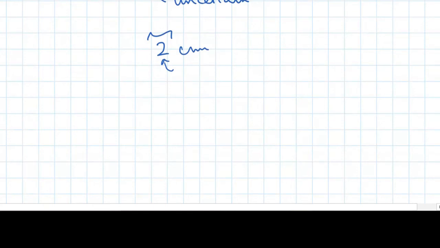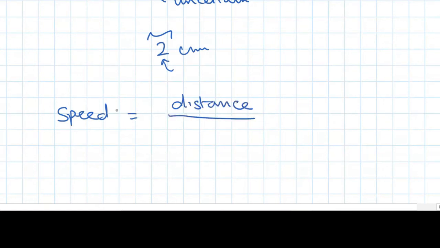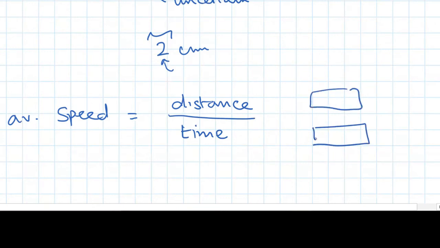For example, if you're calculating average speed, distance traveled over time taken, I'll have a number here and a number here. This would be affected by the instrument for measuring length, and this by the instrument for measuring time, like a clock.